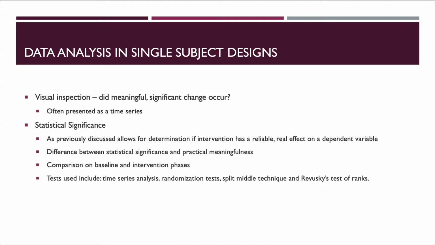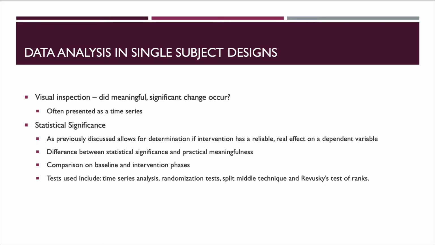So typically we look and inspect the data visually to see if change occurred, and if so, was it a meaningful, clinical change that's going to maybe produce some benefit. There are statistical tests that can be used with small data sets. The statistical tests that can be used, though, are different. They aren't ANOVAs and t-tests.